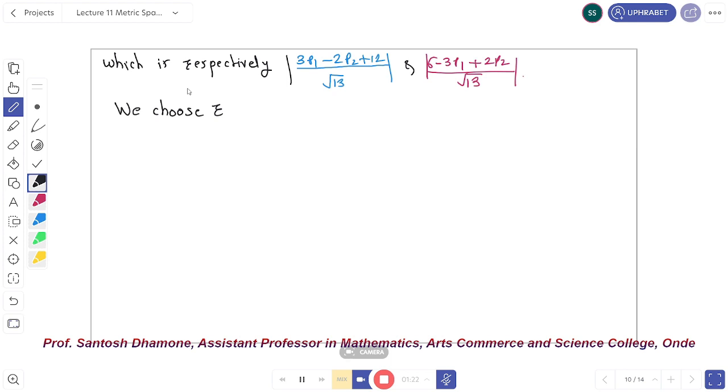Choose r equal to the minimum of (3p1 - 2p2 + 12) divided by root 13 and (6 - 3p1 + 2p2) divided by root 13.